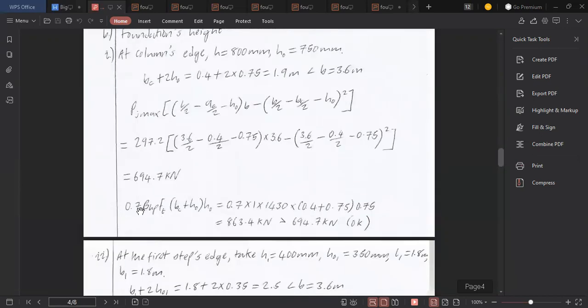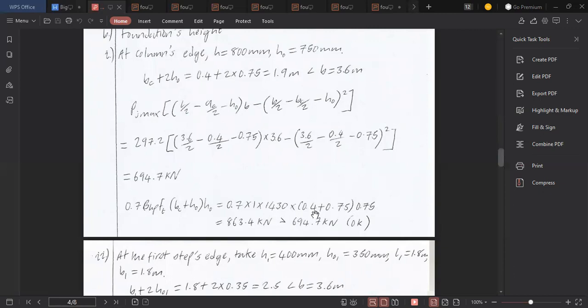So 0.7 times beta HP times FT times BC plus H0, with H0 again outside the bracket. Beta HP is 1. FT times 1000.